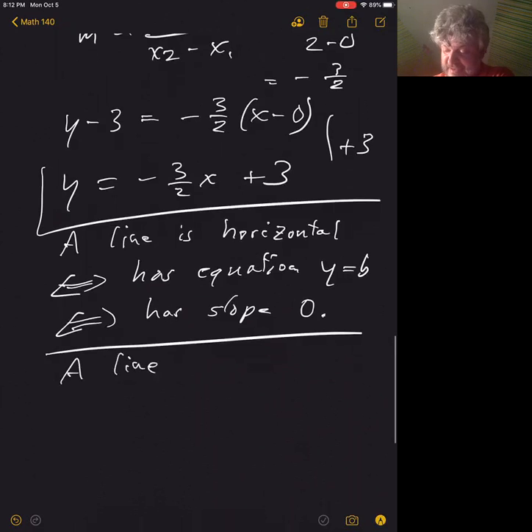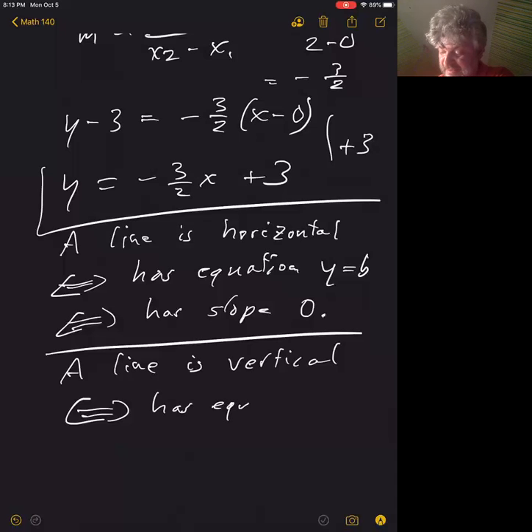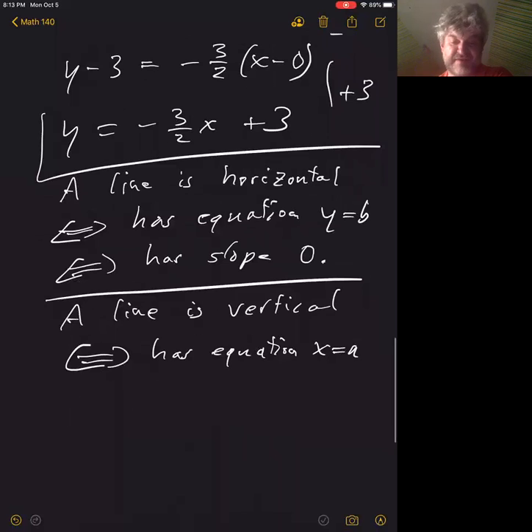A line is vertical exactly if it has an equation x equal to a. You can think about that. You can draw some examples.